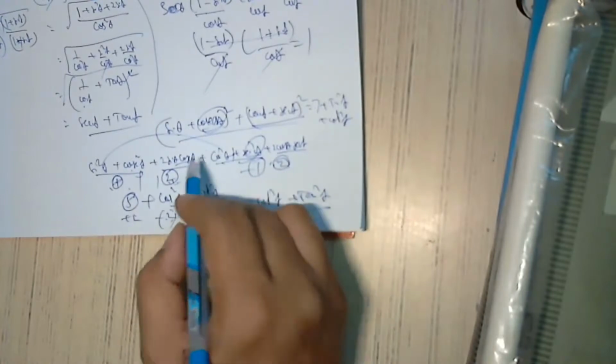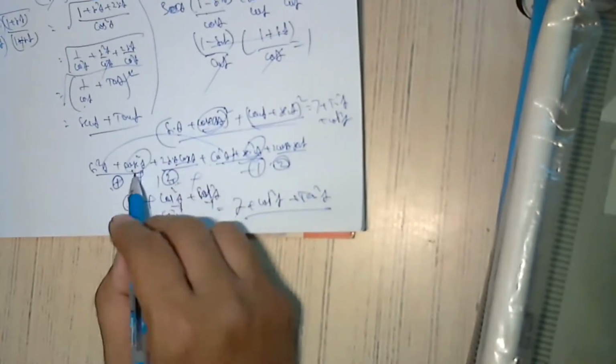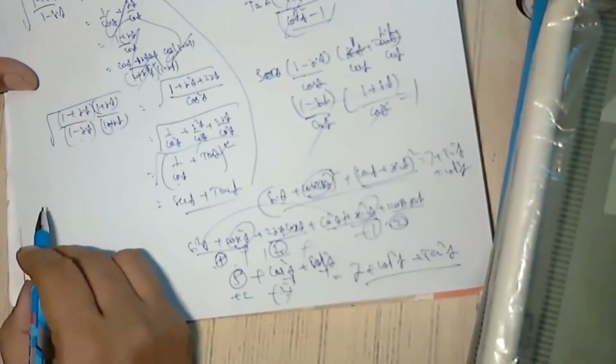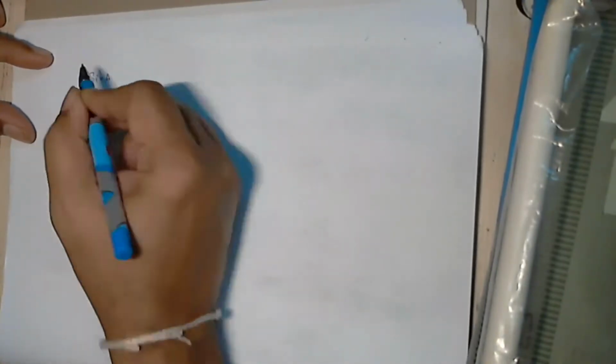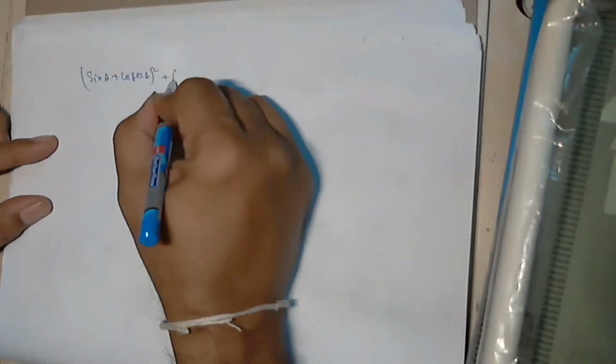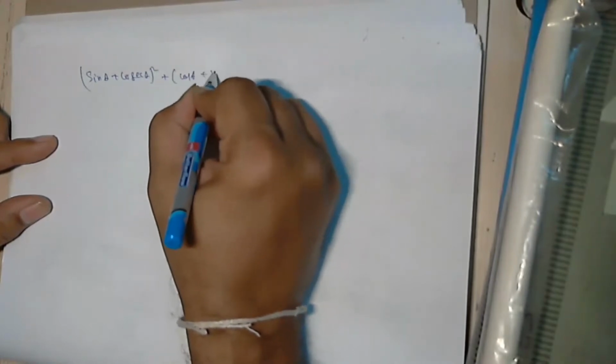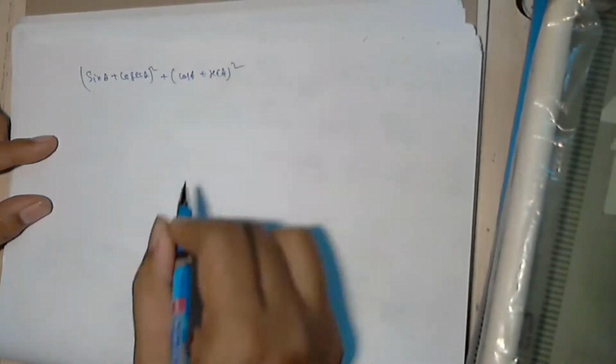So let me write neatly. Really, writing is not good. Sin A plus cosecant A whole square plus cos A plus secant A whole square.